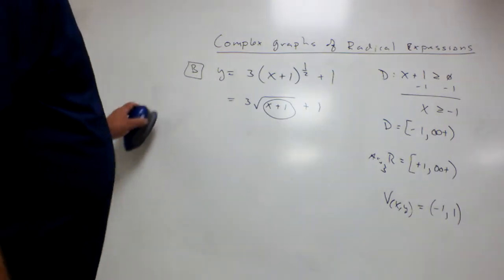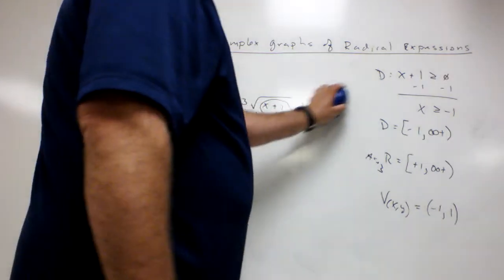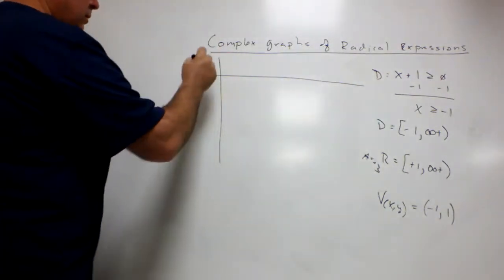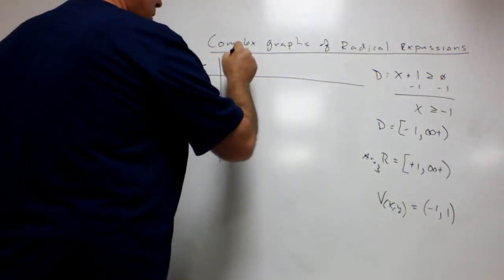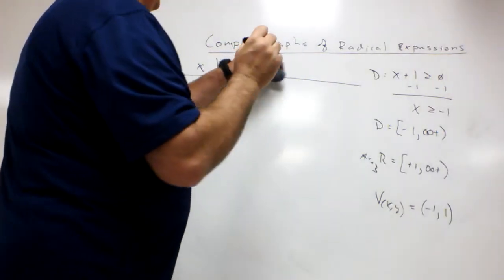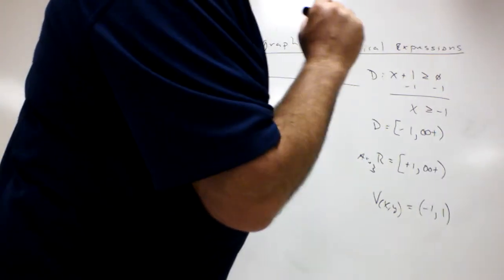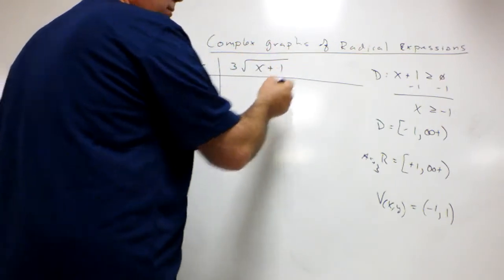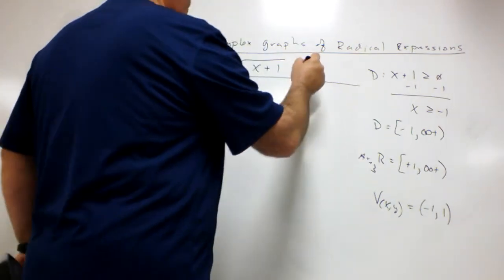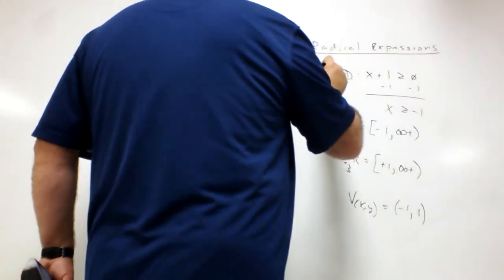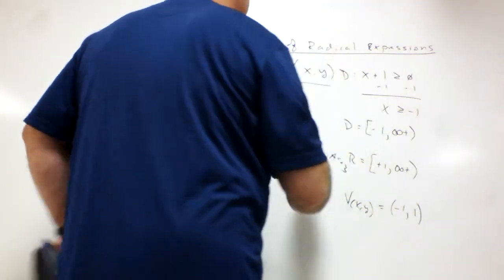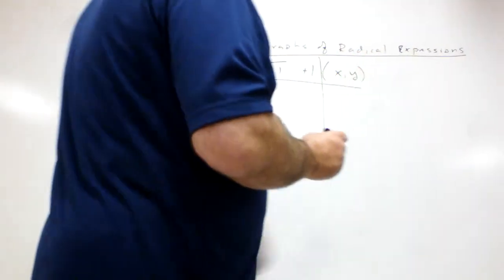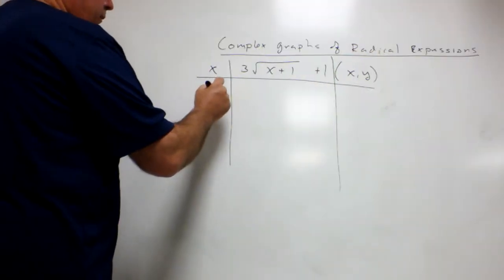Okay? Now that we have that, we can go to our table of values. And it was, what was it? It was 3 times the square root of x plus 1, plus 1. And we want to know our x and y. We know that we're going to start at negative 1.